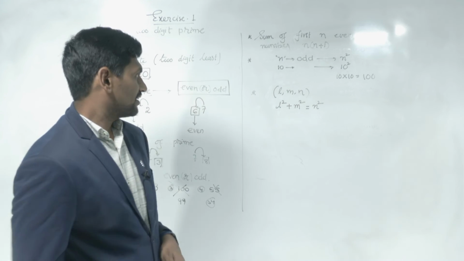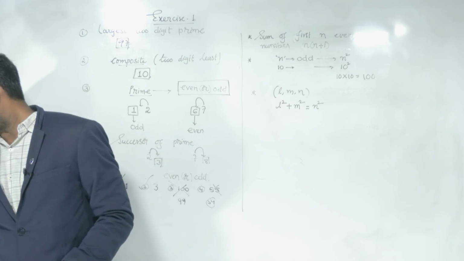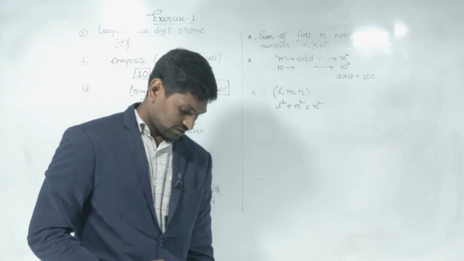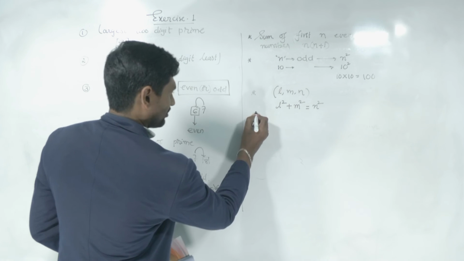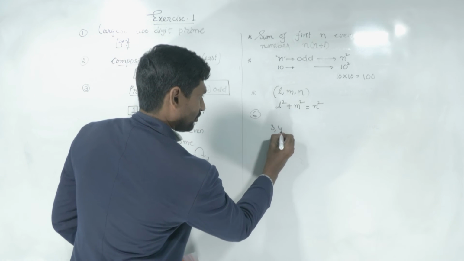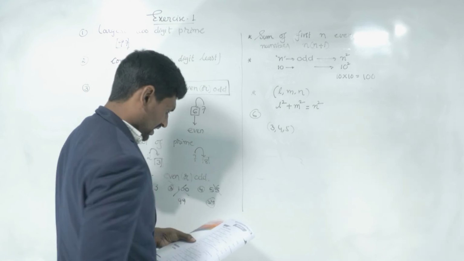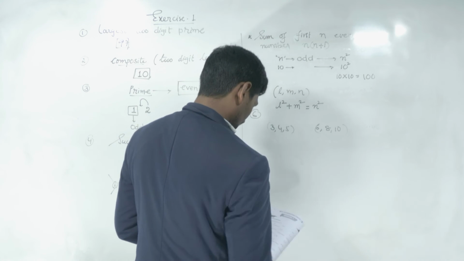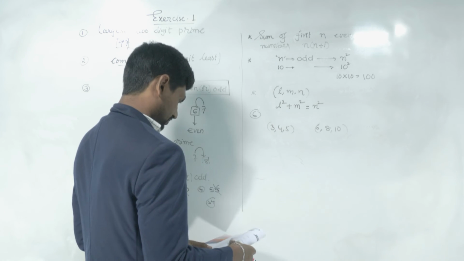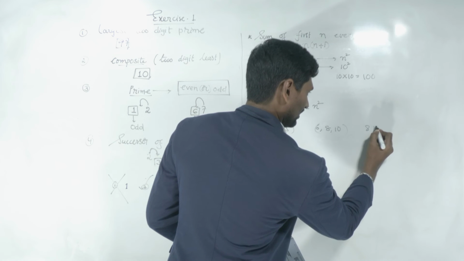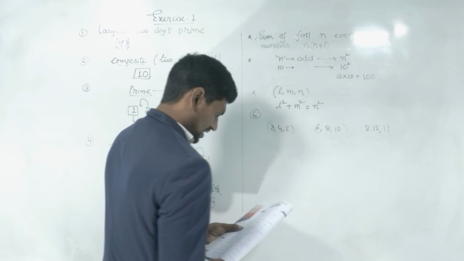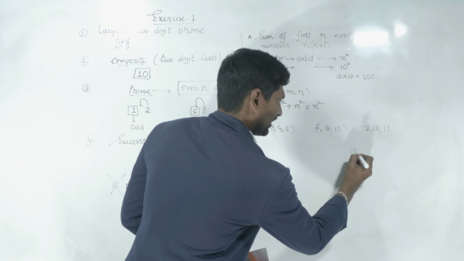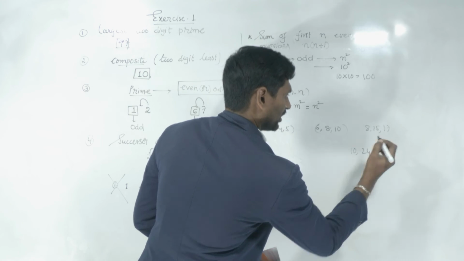Okay, right. According to your question, what options are given here? Sixth question: first option 3, 4, 5. Second option 6, 8, 10. Third 8, 15, 17. And fourth option 10, 24, 25.